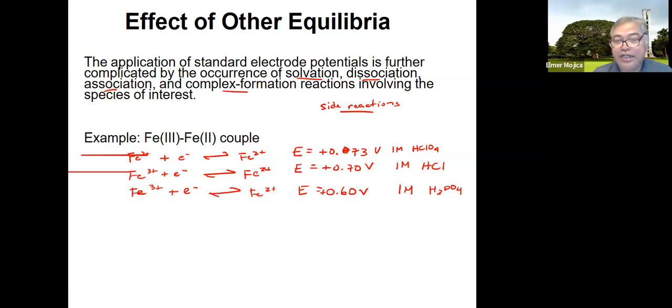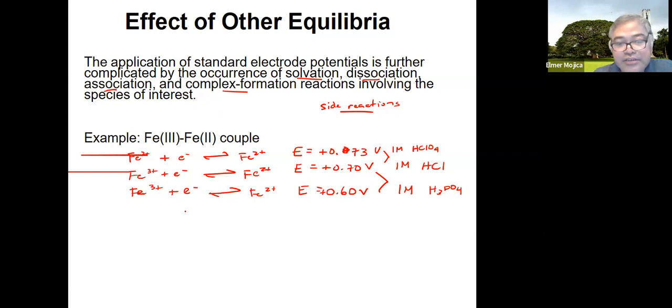Now, we could say the change here is not really big, but this one, the change is so big. What really is the reason why you observe this? You have what we call some side reaction that can affect this. So what do they have here?